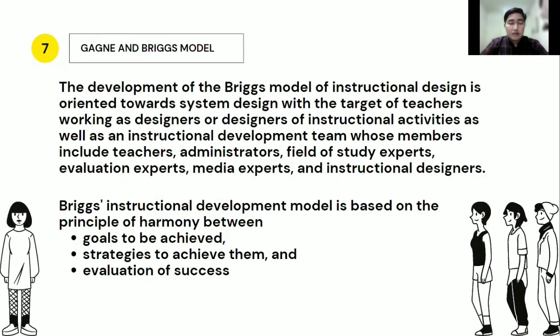The seventh model is Gagne and Briggs model. The development of the Briggs model of instructional design is oriented toward system design with the target of teachers working as designers of instructional activities as well as an instructional development team whose members include teachers, administrators, field of study experts, evaluation experts, media experts, and instructional designers.